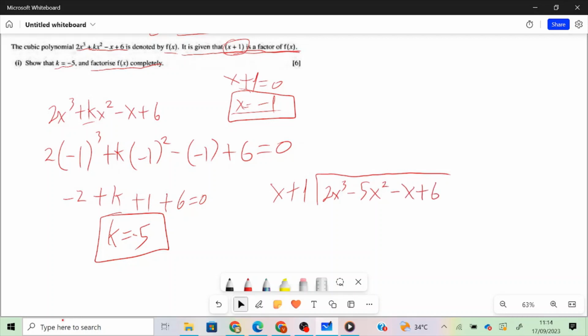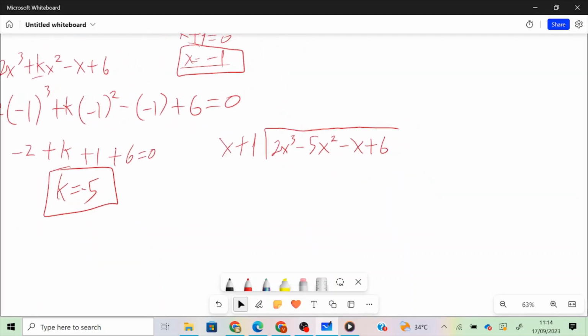Now when we do this, the quotient that we will get will be quadratic, and that quadratic will also be a factor of the polynomial. And if we break the quadratic into two separate linear expressions, as we know from our rules of quadratics, then we can have three separate linear expressions that will be equal to the polynomial as the factors.